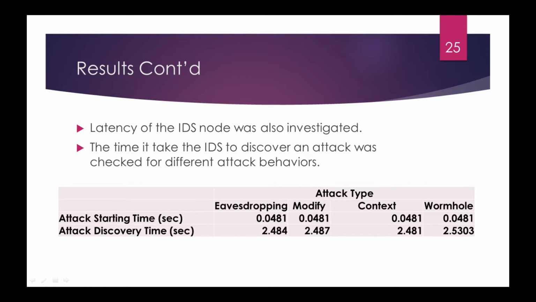The reason why we have late discovery is because the discovery time for our simulation is 2 seconds, and we have 0.5 seconds until the IDS node is able to figure out the attack.